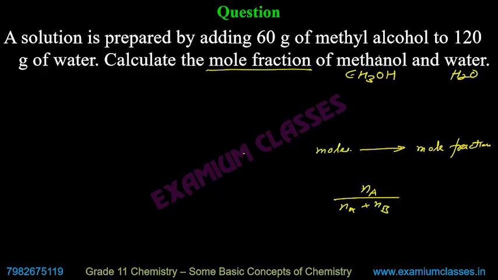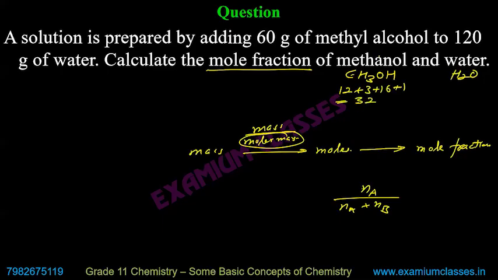How do you get moles? Moles you can get from mass, by mass divided by molar mass. But you don't have the molar mass, so calculate it. For CH3OH, 12 plus 3 plus 16 plus 1, that is 32. H2O is 18.